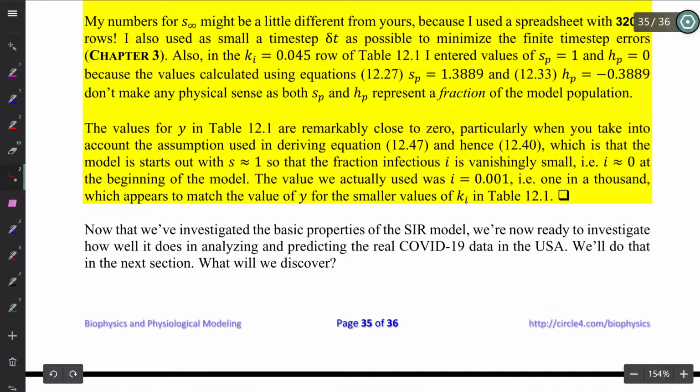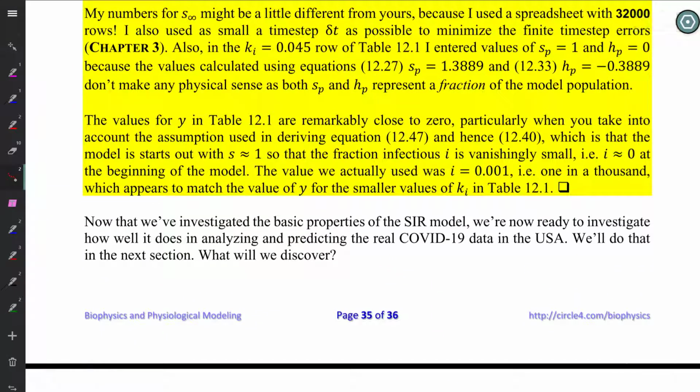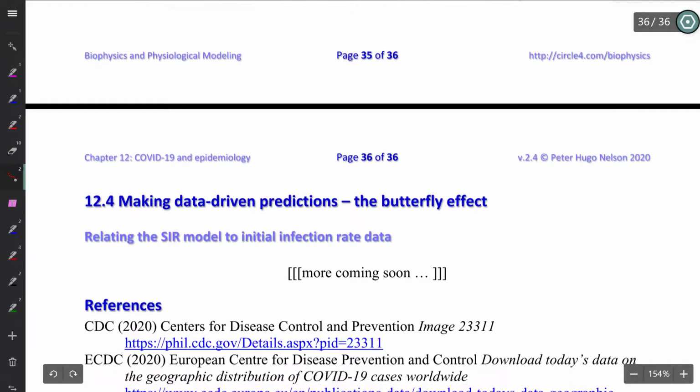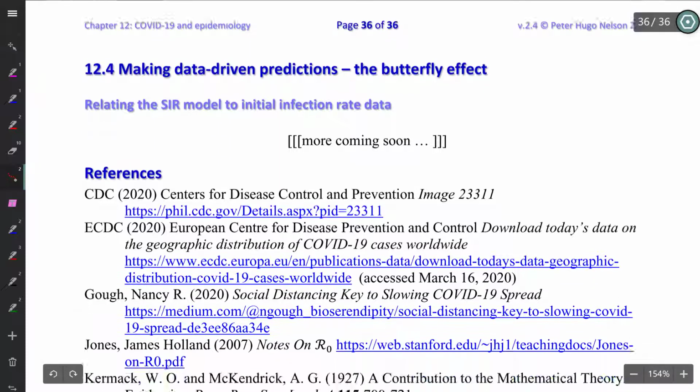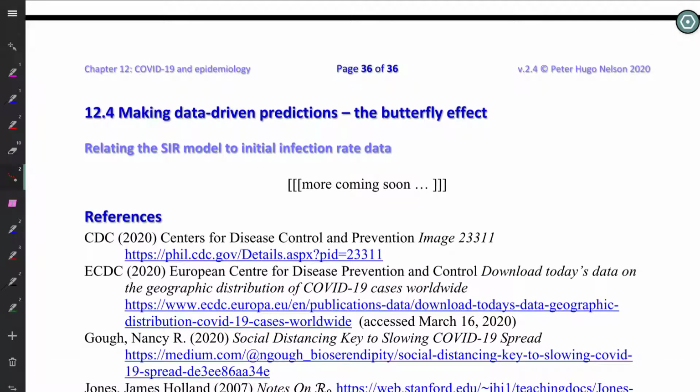So that's pretty much where I got to at the end of section 3. The next thing we're going to do is to actually talk about trying to match up our quantitative model that we have and compare it to real data. And it turns out there's a thing in meteorology called the butterfly effect, and it actually relates to when I first started trying to fit this model in early April.